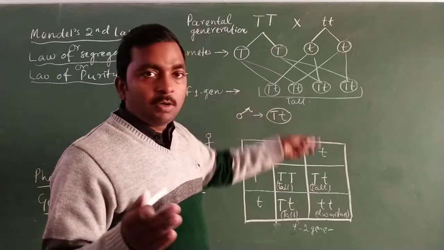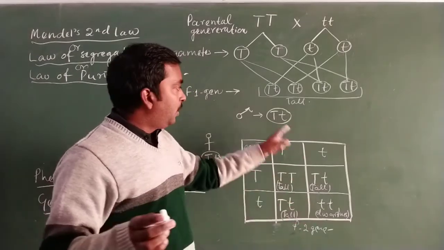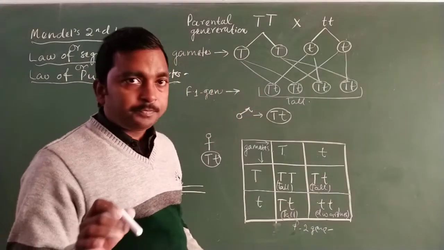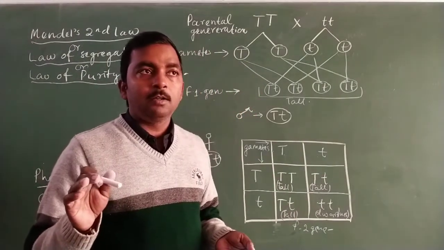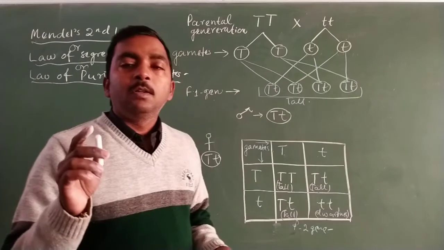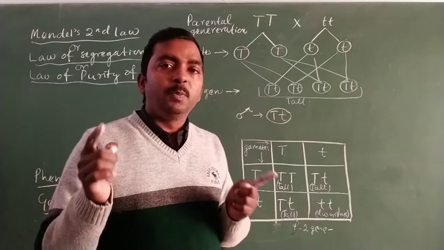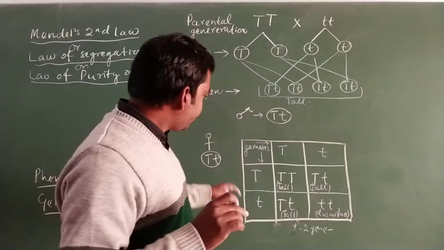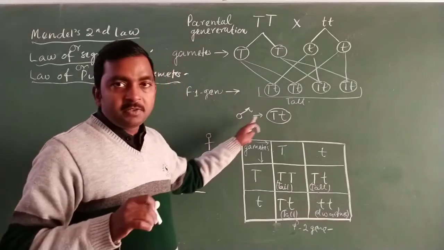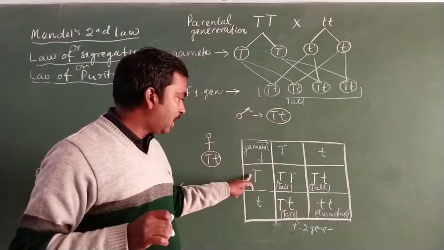So this trait does not appear, but in the F2 generation we can see that during gamete formation these genes are separated. It is a clear concept that a single gene comes from each parent to make the zygote. So here we can easily observe that there are two gametes from the male, capital T and small t, and in the female it is also capital T and small t.